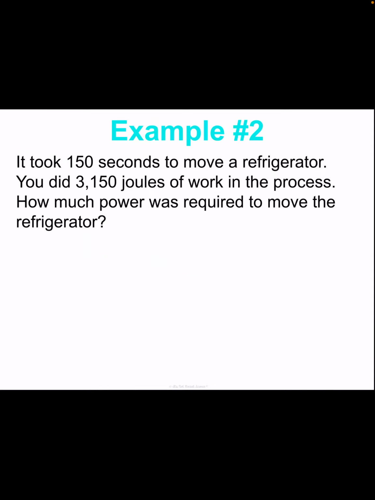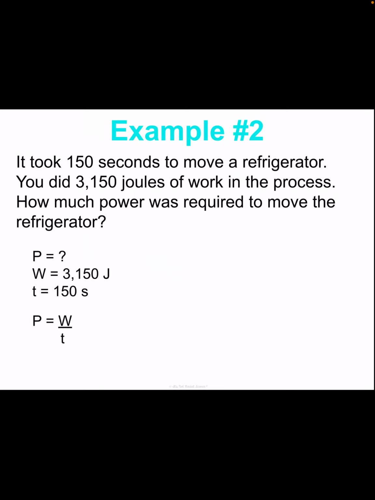So power is my unknown. I do have my work, 3,150. And I do have my time, 150 seconds. So this one is just kind of a straight plug it in and go. So power equals work divided by time.